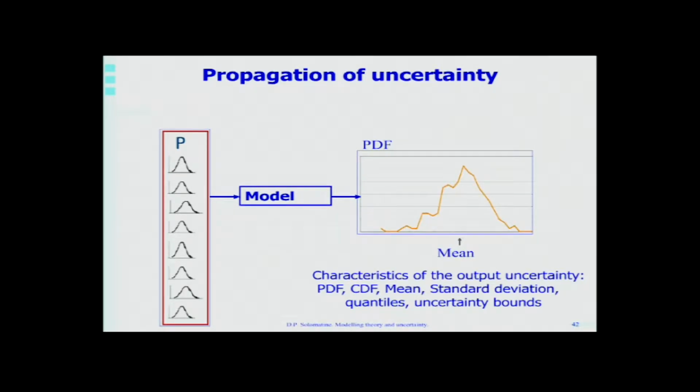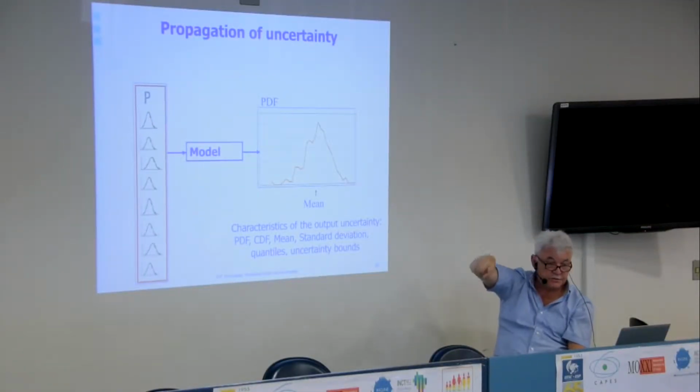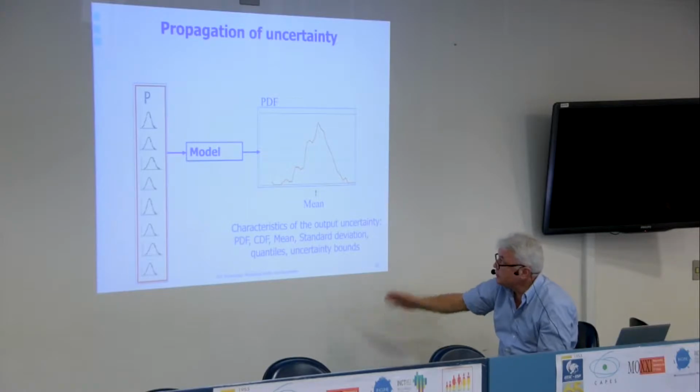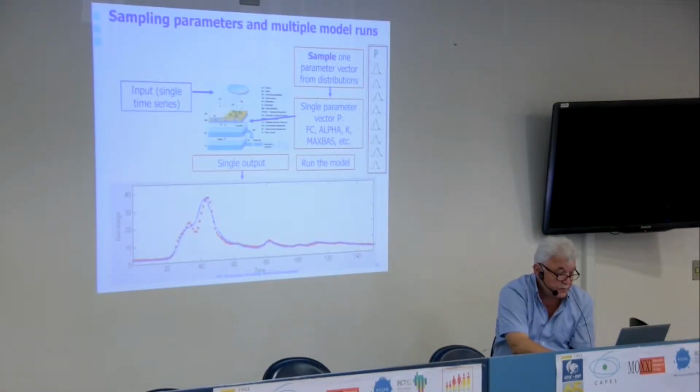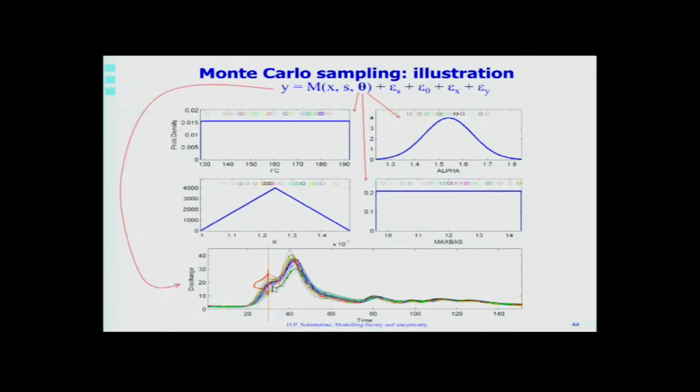Okay, it's simply turned like this. This is the mean of discharge. You draw the empirical distribution, and it looks like this. This is what I draw here. This red line is this empirical distribution for that particular time step, based on 1,000 runs.